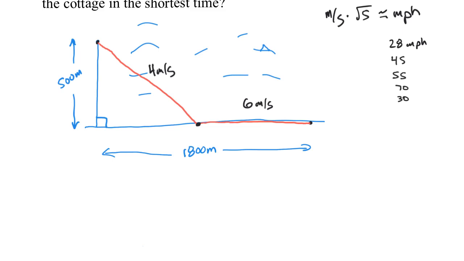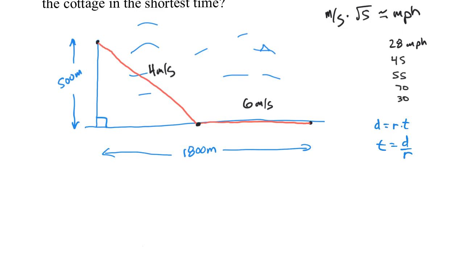So the way we can do this problem is we need to minimize the time. There's going to be time spent swimming and time spent running. So you guys have seen many times from a long time ago, we had distance equals rate times time, right? We want to solve for time, so we're going to divide each side of this equation by r, and we'll get time equals distance over rate.